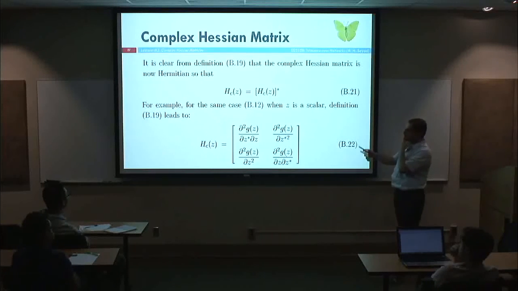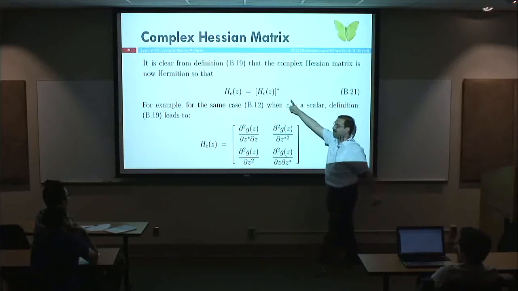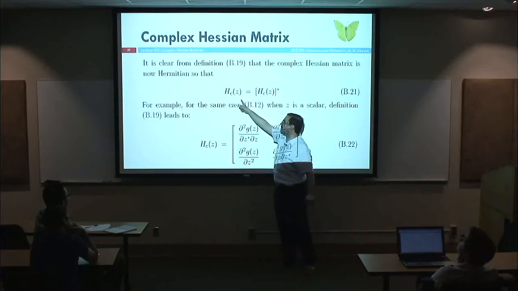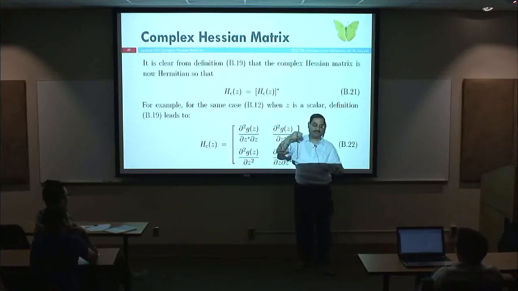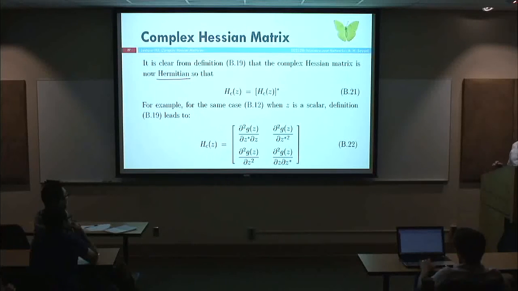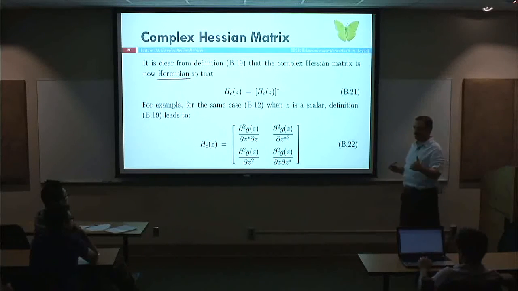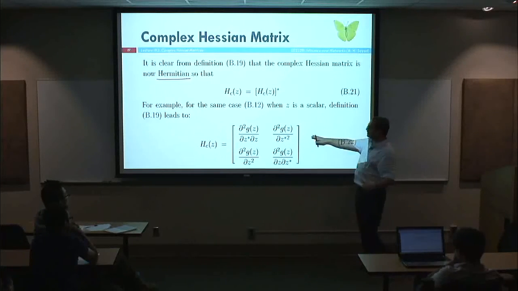I'm showing you first some examples. H of V was symmetric. H of C will be Hermitian. Remember this: when a matrix is equal to its conjugate transpose, we call it Hermitian. So the complex Hessian is a Hermitian matrix. The real Hessian is a symmetric matrix, fine? And this is just an example.